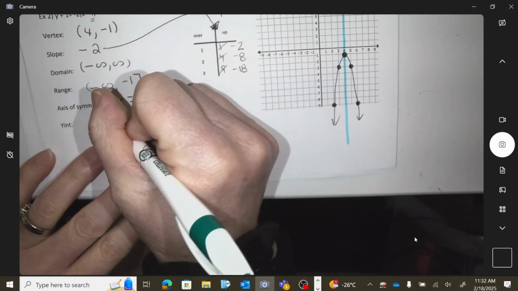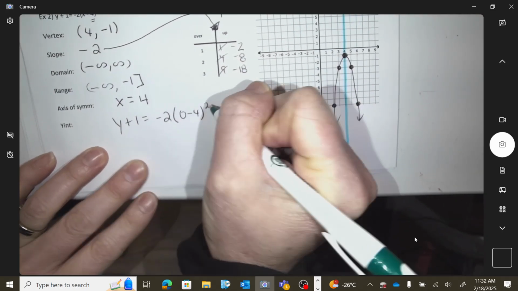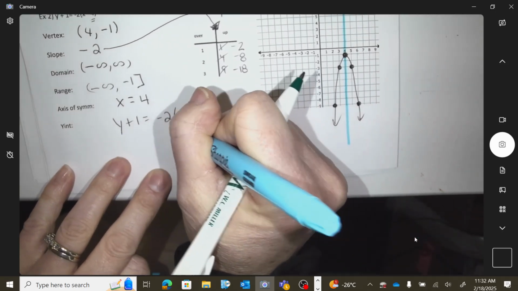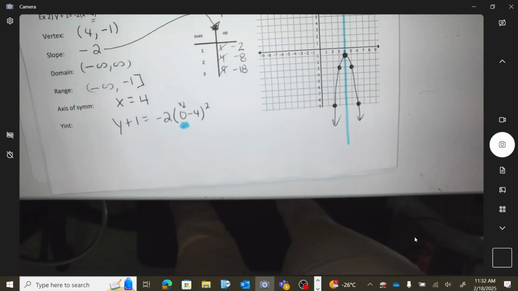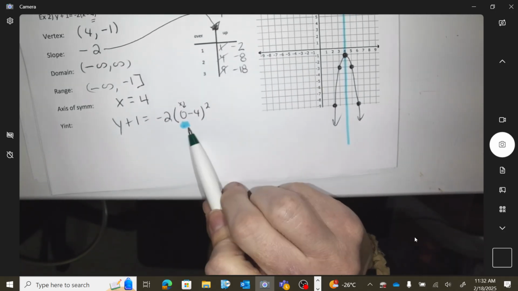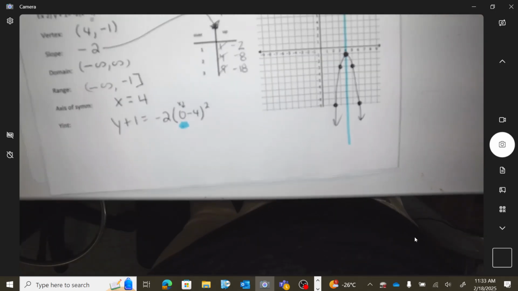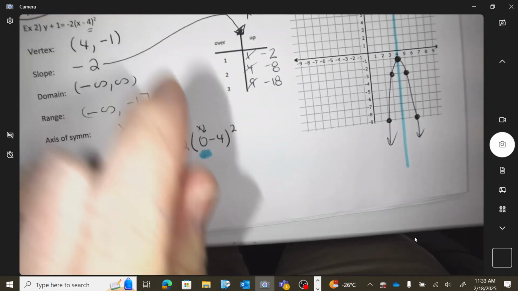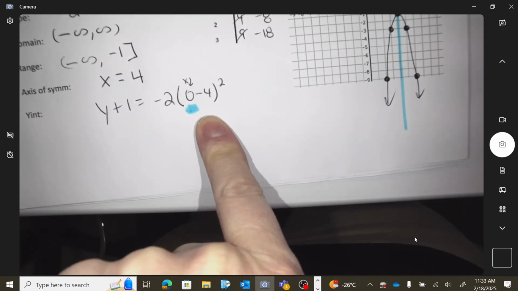Okay, y-intercept. So mathematically, you need to understand what is a y-intercept. That's where your x value would be nothing, 0. Okay, and calculate. Okay, what's 0 subtract 4? -4.